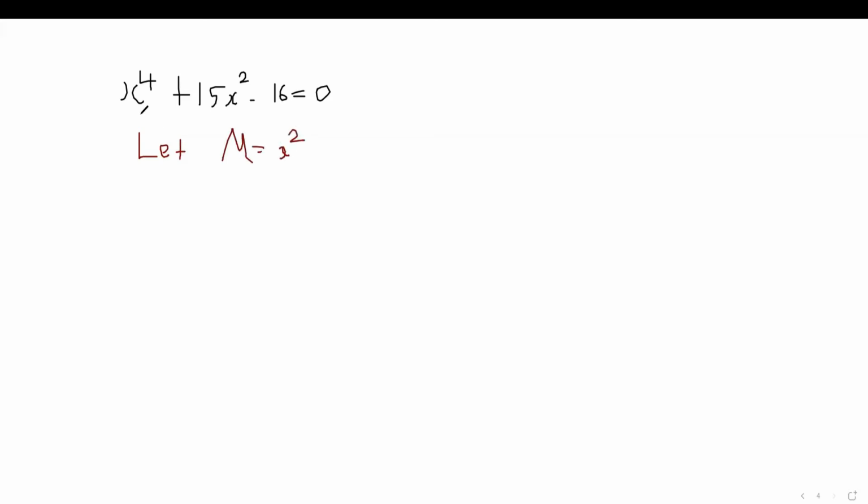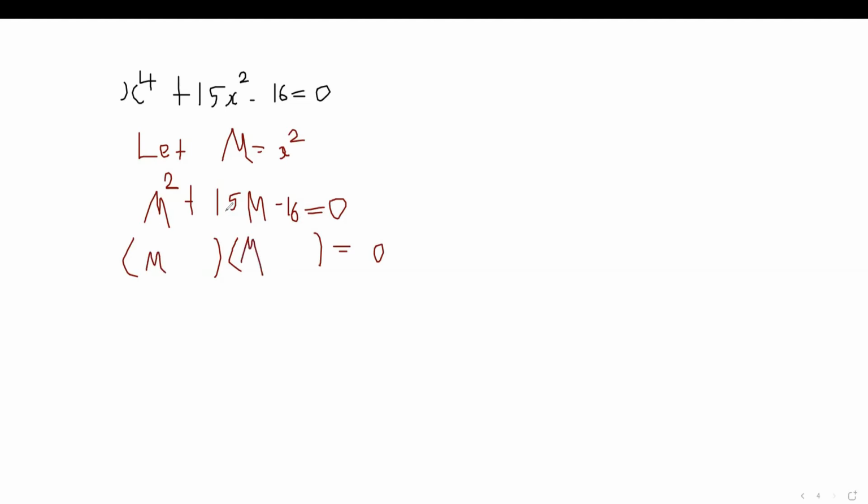If you call x squared m, this becomes m squared plus 15m minus 16 equals 0. So what you can do now is factorize this and equate it to 0.